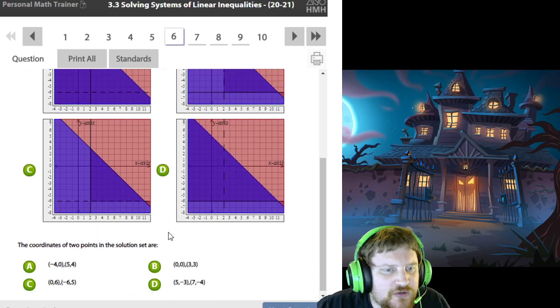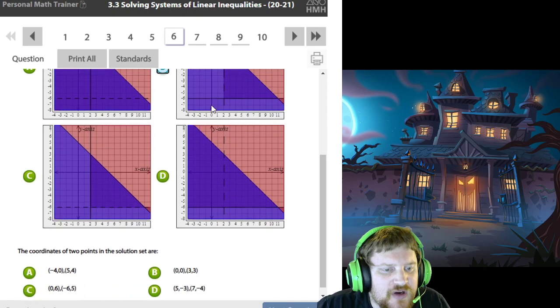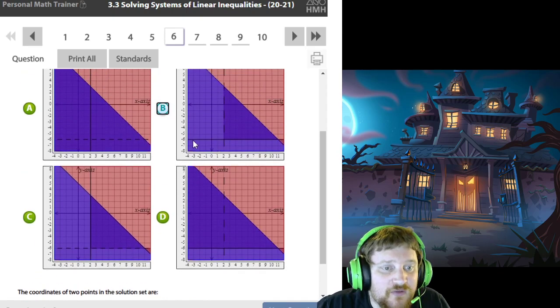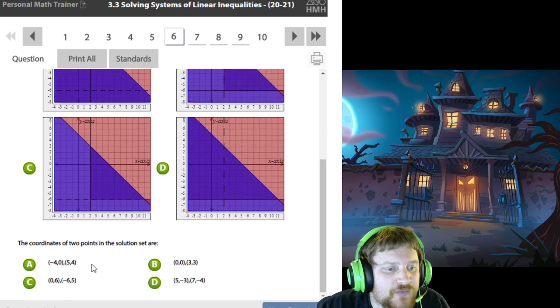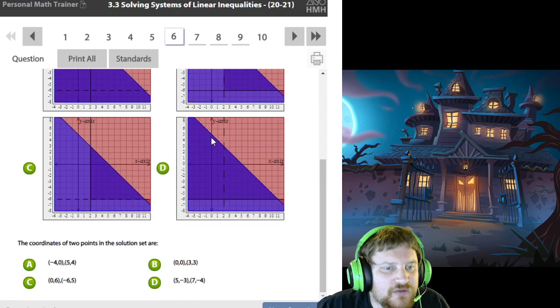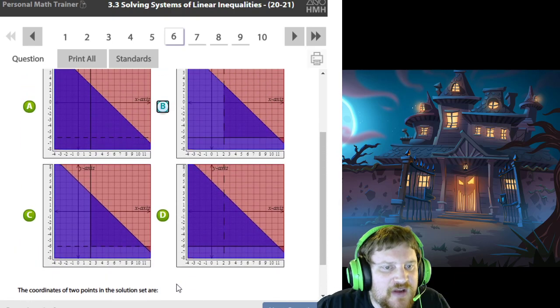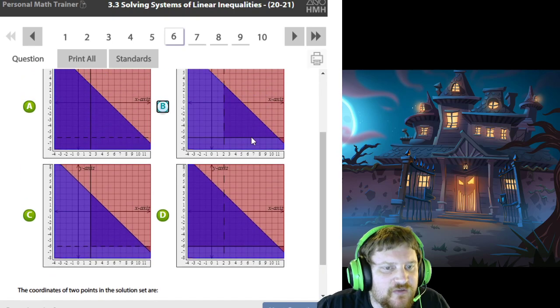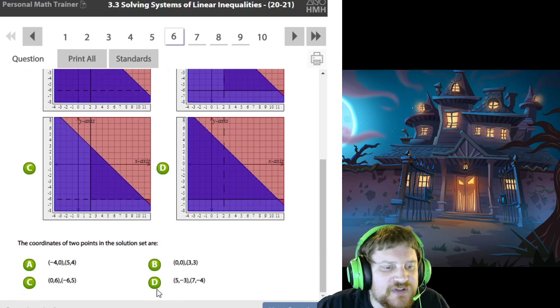So 2 points in our solution set are, I see (0, 0) is clearly out. It's right here, so it's not B. (-4, 0) is definitely going to be out. (0, 6) definitely going to be out. Now (5, -3) is inside, and (7, -4) is inside, so it's D.